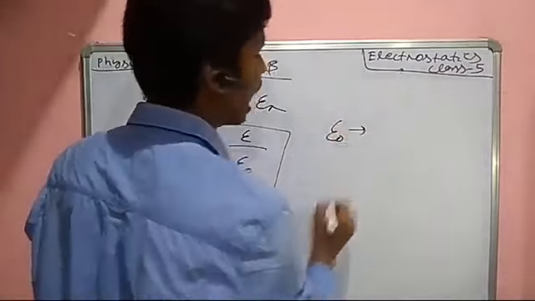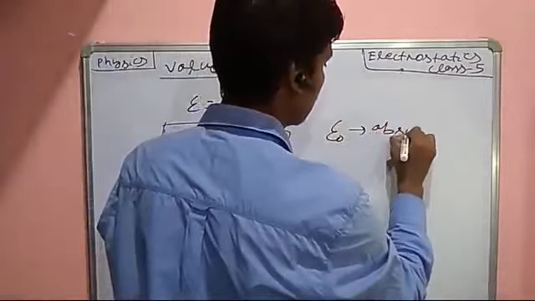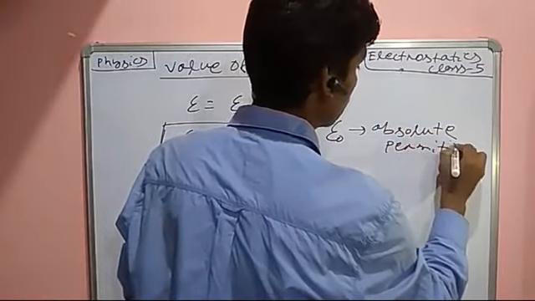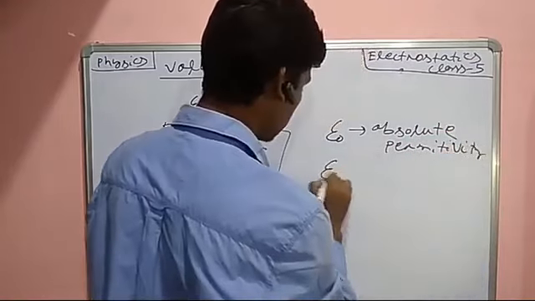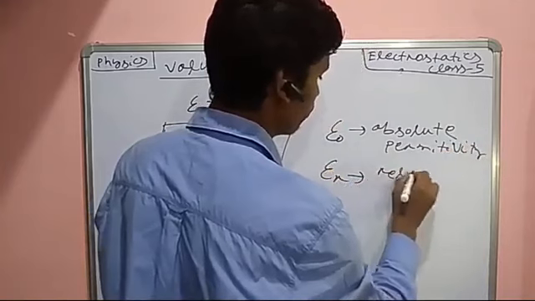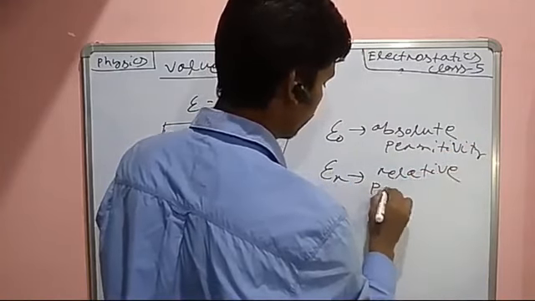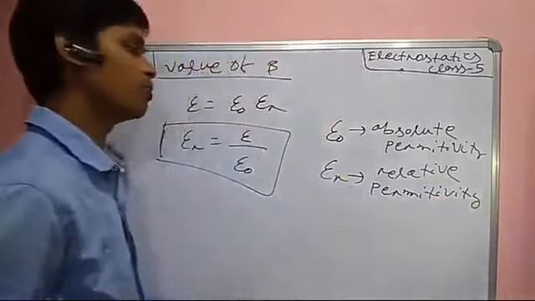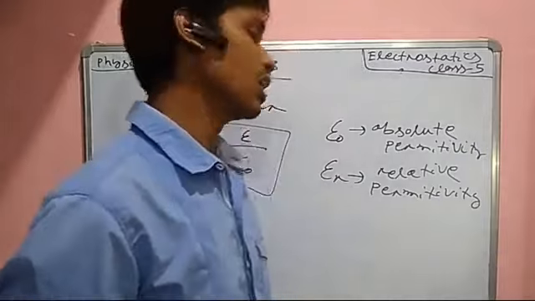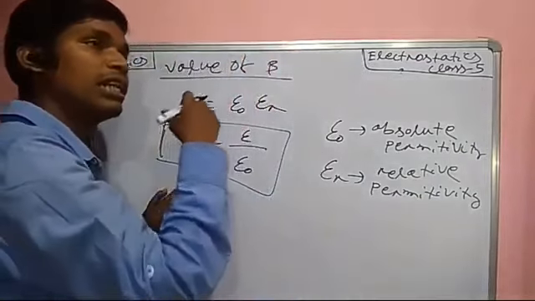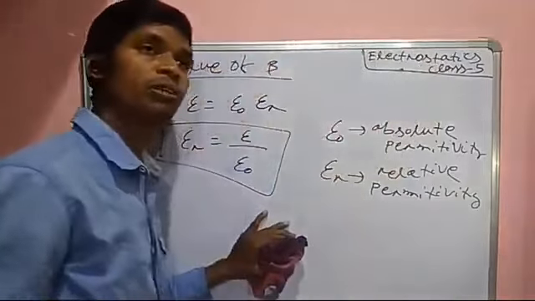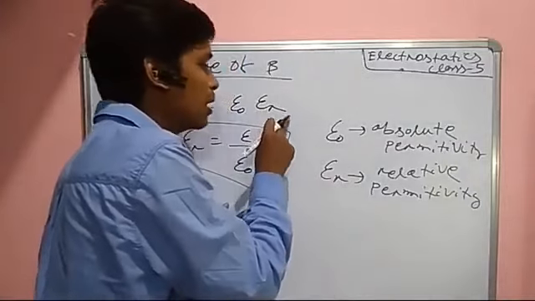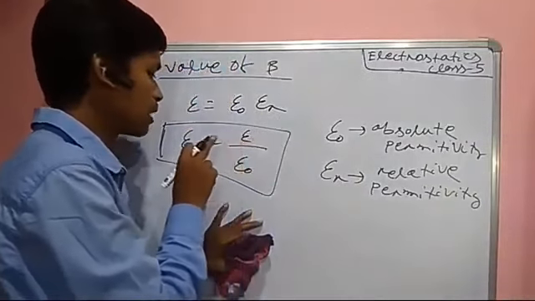Epsilon 0 is the absolute permittivity, epsilon r is the relative permittivity. The permittivity epsilon is the electrical characteristic which determines the force between two charges. That permittivity depends upon epsilon 0 and epsilon r, because epsilon r is equal to epsilon by epsilon 0.